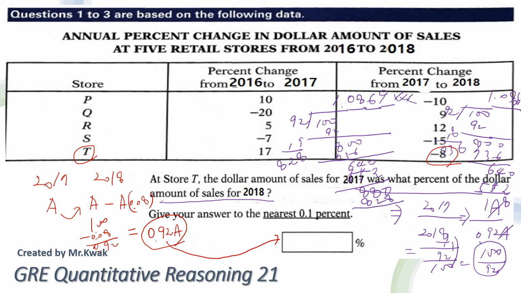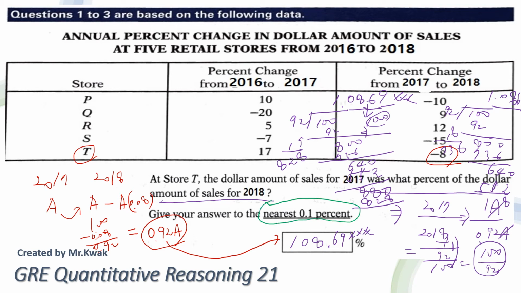And then we should make it a percentage. So if we multiply by 100 here, the percent could be, I'm going to write it down here, 108.69, and so on. But what we have to be careful about in this situation is this part.